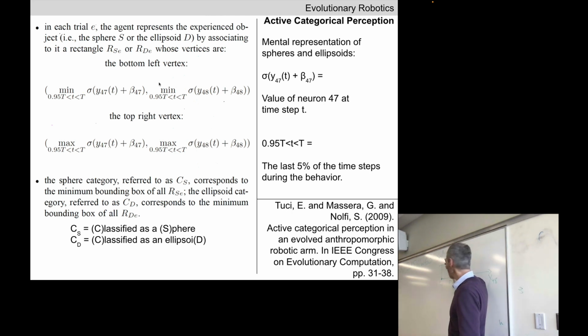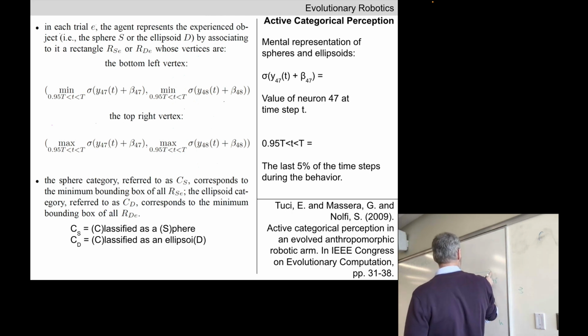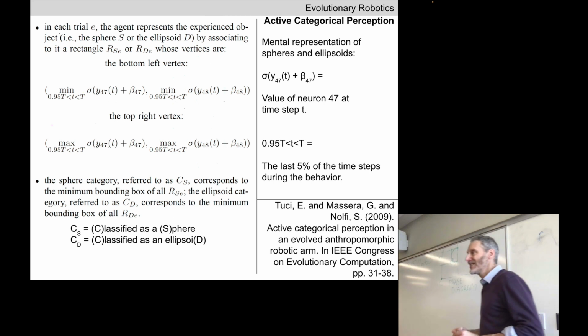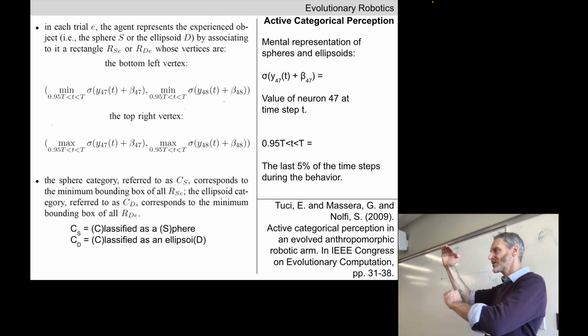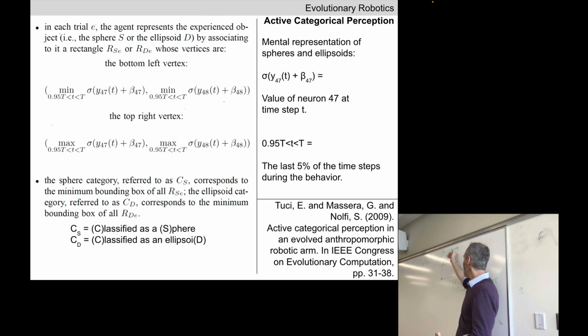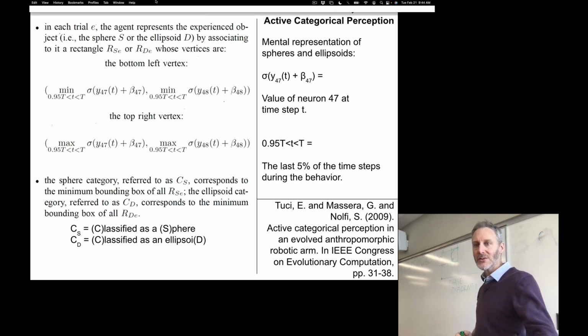They take the same pair of values, and they're looking for the maximum value that the 47th neuron ever has, which is right here, and the maximum value that 48 ever has, which is right here. And using this pair of mins and this pair of maxes, that defines this rectangle in the phase diagram of these two neurons. Seems kind of odd at the moment, but they're sort of putting a bounding box around this range of values.